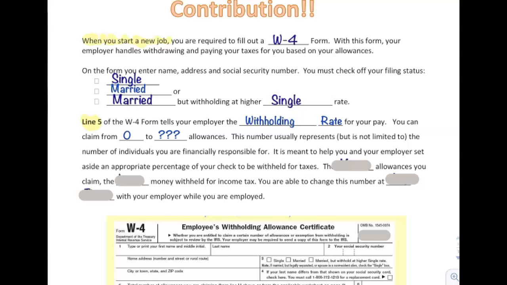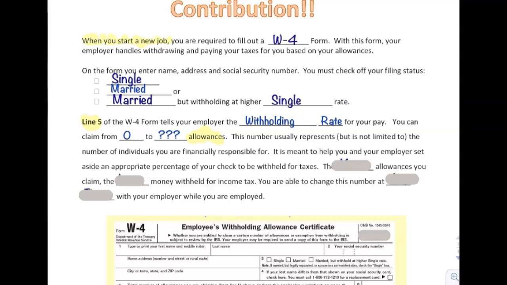Now, what that means, allowances, think of it this way. If you are single and 22 years old and have no children, you could claim 0, you could claim 1. There really isn't a rule to what number you claim. But it's basically the number of people that you're taking care of.